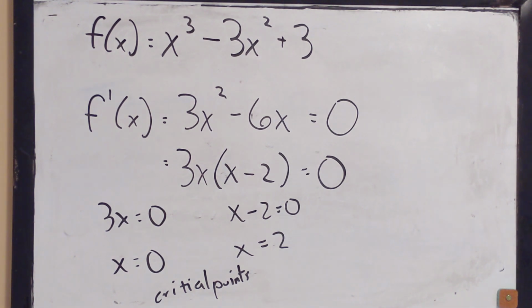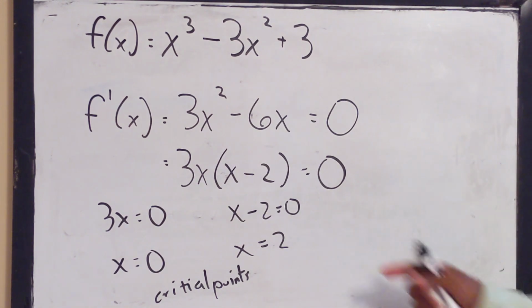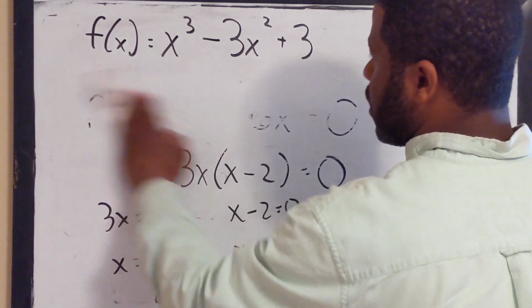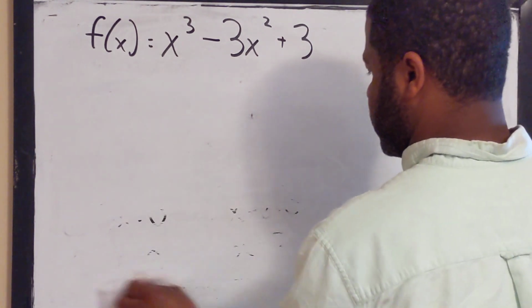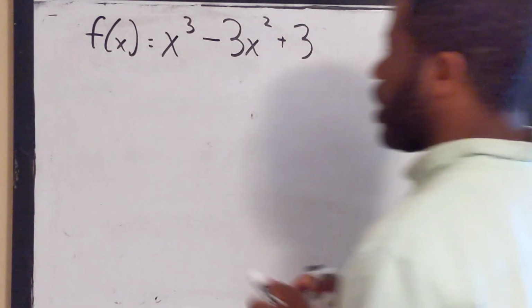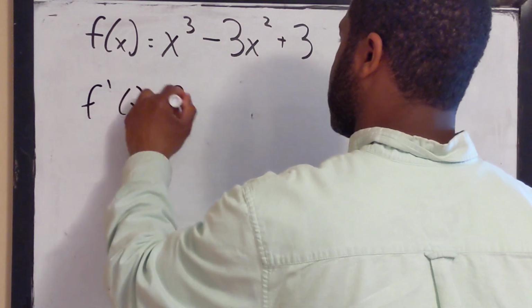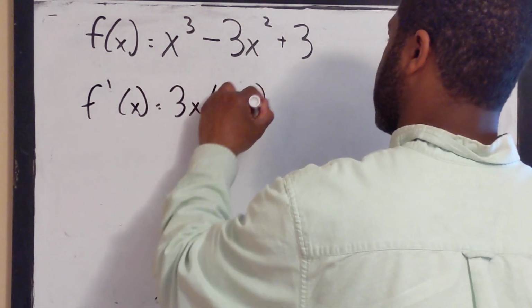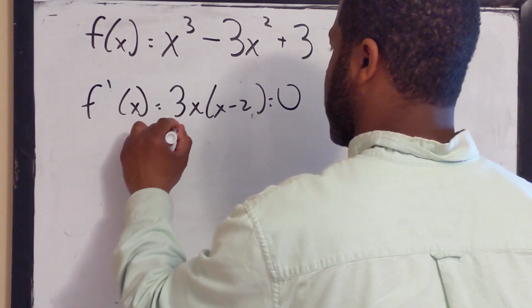All right, so now I'm going to erase it. What I need to do now is set up a timeline. I'm sorry, a number line. So I'm going to leave this here. And recall our critical points were 0 and 2.